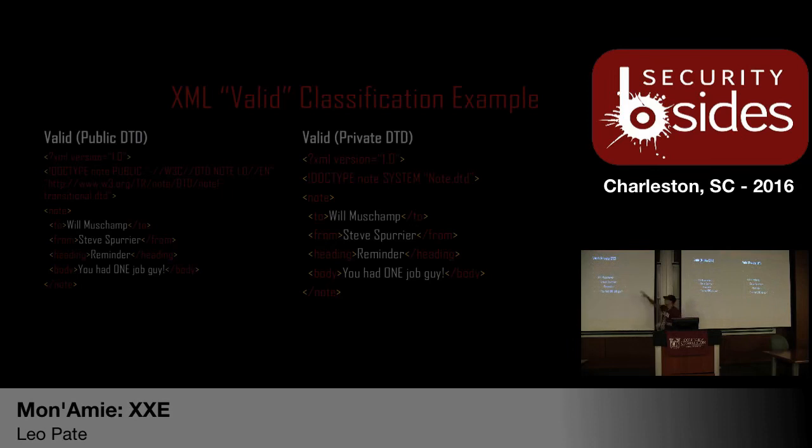So in this case, because we're writing a note, it's the name of its note. System means that it's private, and then note.dtd is the location of where it's located. So this means that it would be in the local directory. If I wanted to point it to a specific file, server, folder, website, whatever the case may be, that's where it would go.